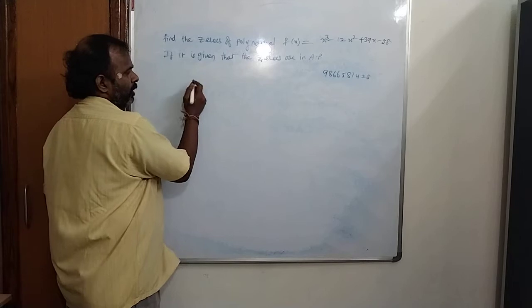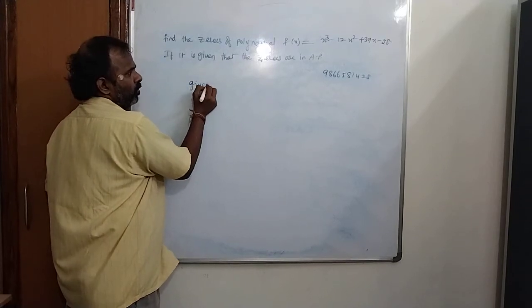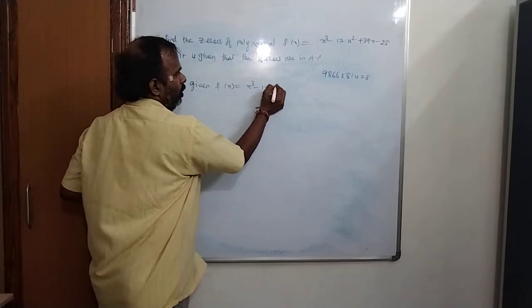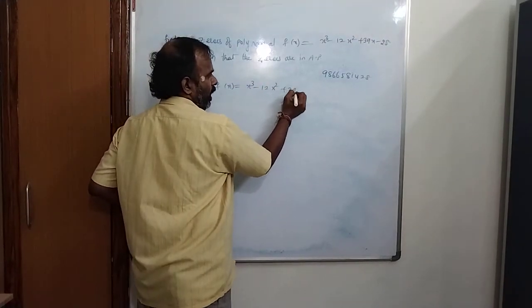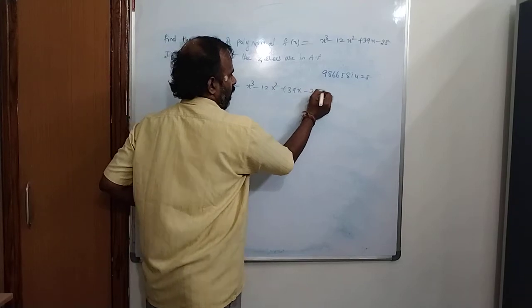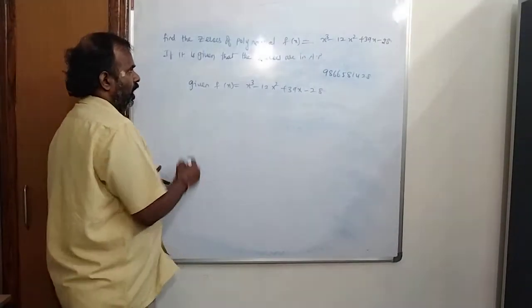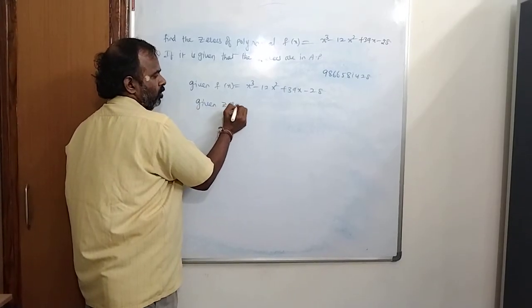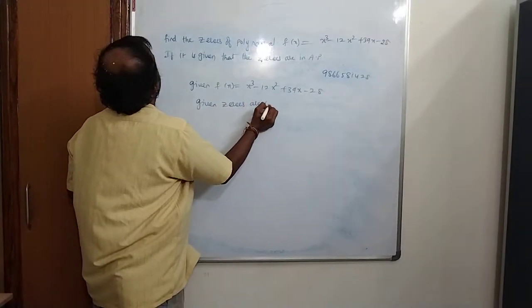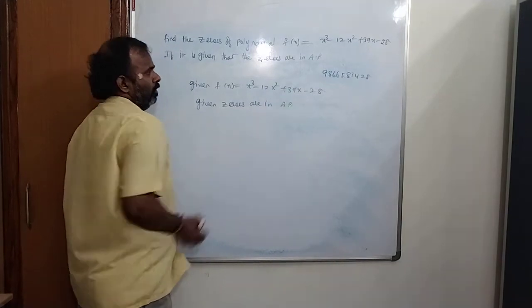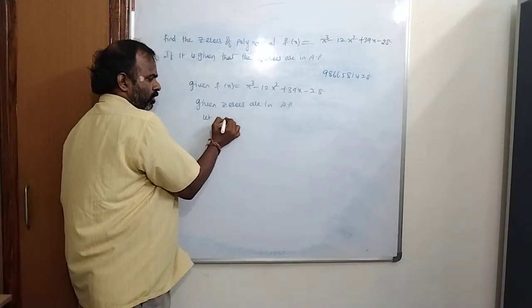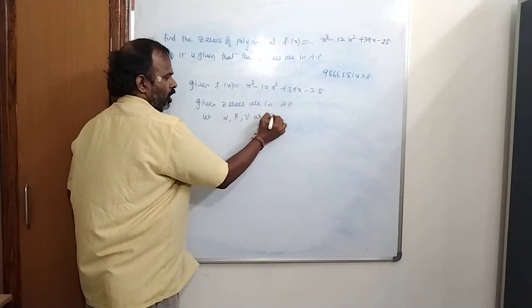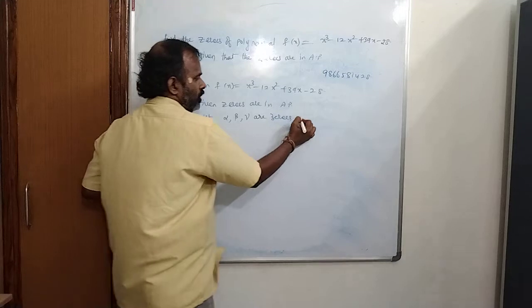So first here, given f of x is equal to x cube minus 12x square plus 39x minus 28, given zeros are in AP. So therefore let alpha, beta, gamma be zeros which are in AP.